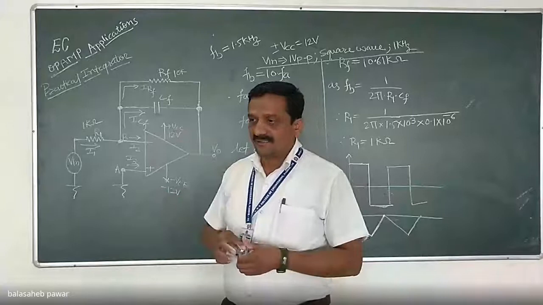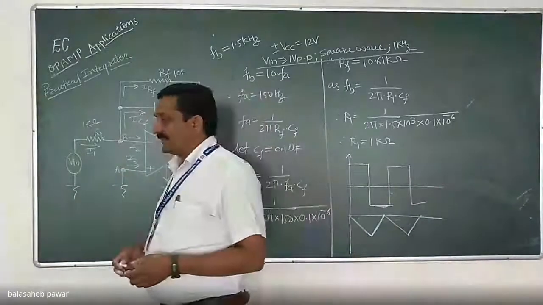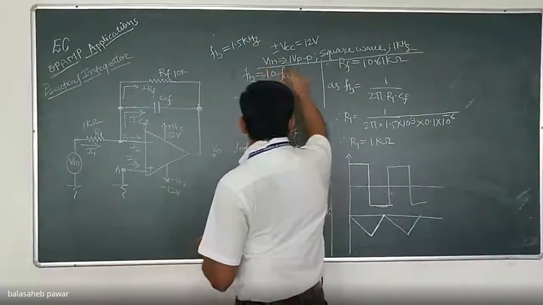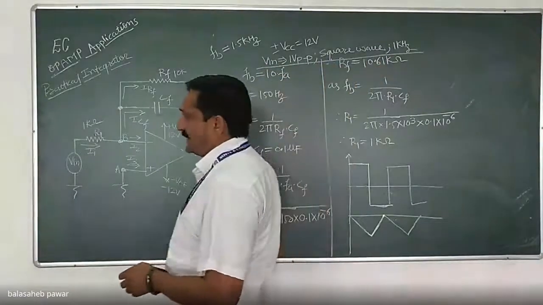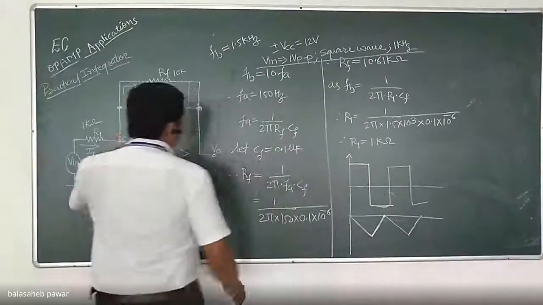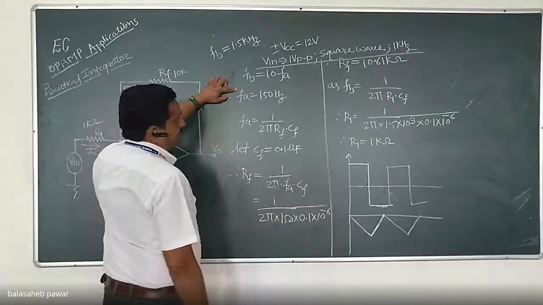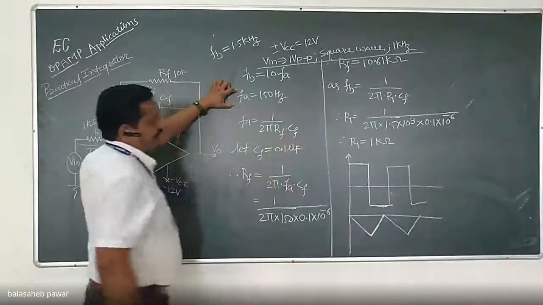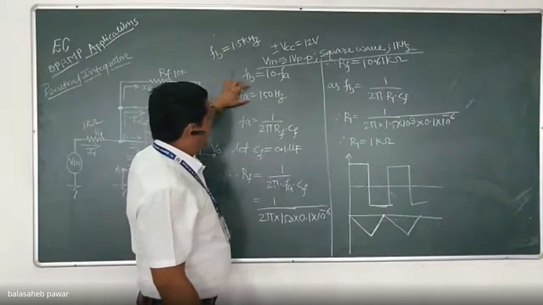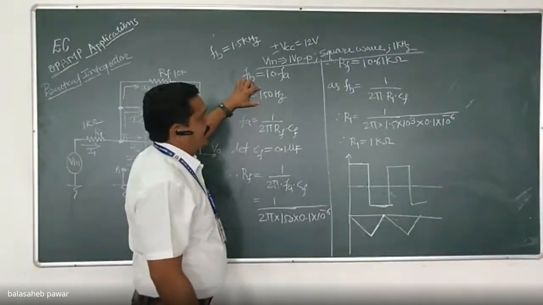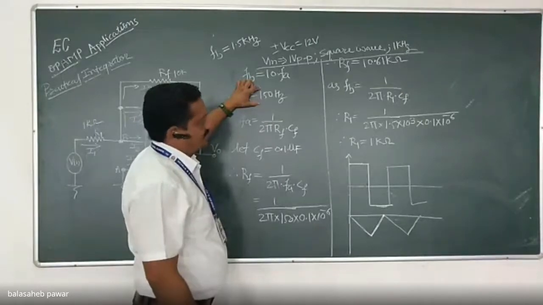So just consider that such an input signal is applied, that is 1 volt peak to peak square wave with 1 kilohertz frequency, as I already mentioned. As we know, fa to fb is the region of operation of that circuitry as an integrator, right? Our fa is just 150 hertz and fb is 1.5 kilohertz.